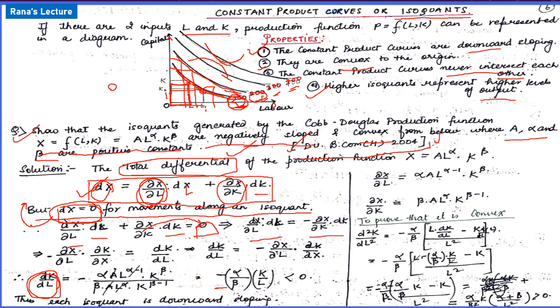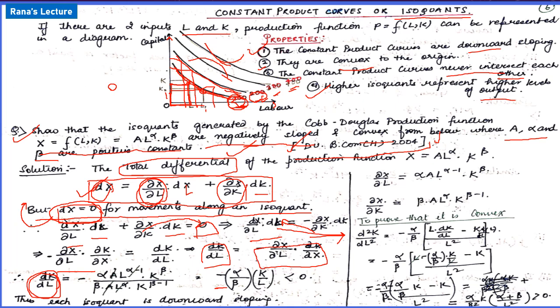You take this dl over this side and the other over to this side. What you get is delta x by delta L into delta k by delta x equal to dk by dl. Now dk by dl is equal to the negative of delta x by delta L into delta k by delta x.